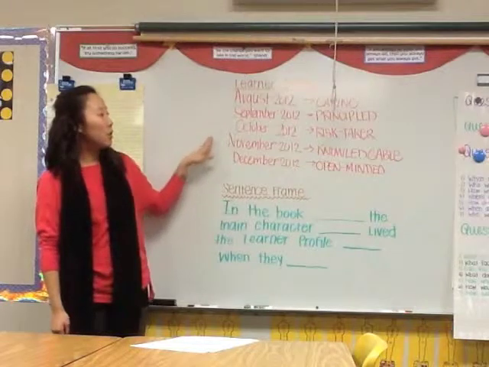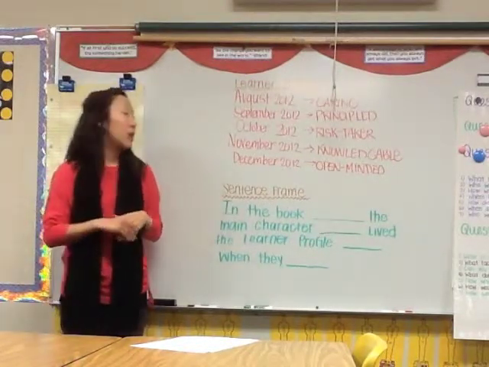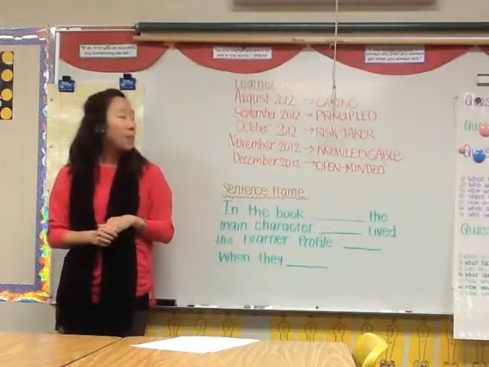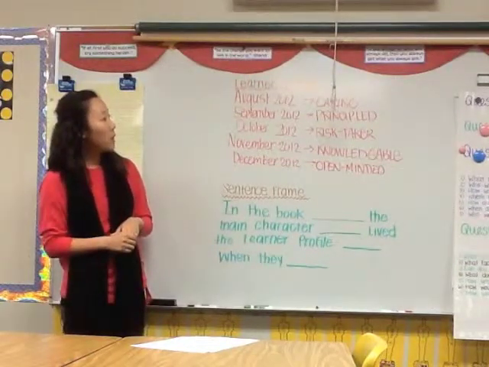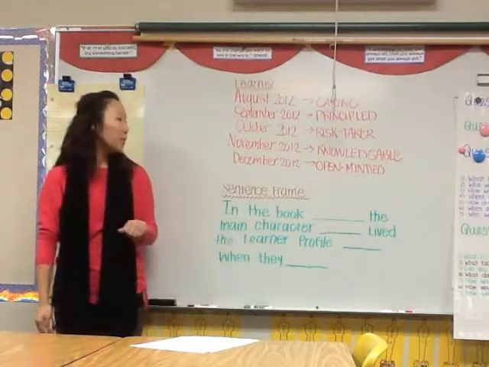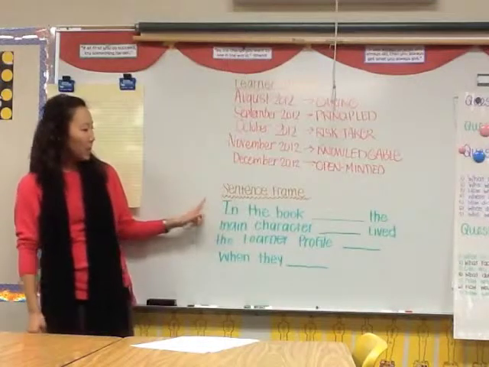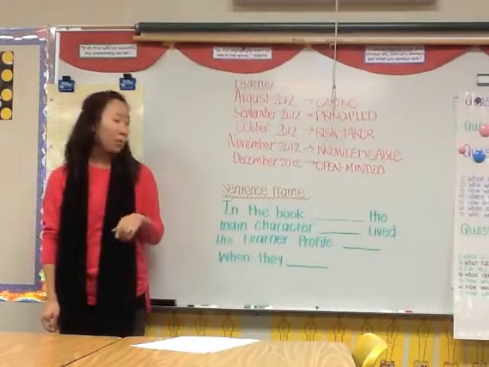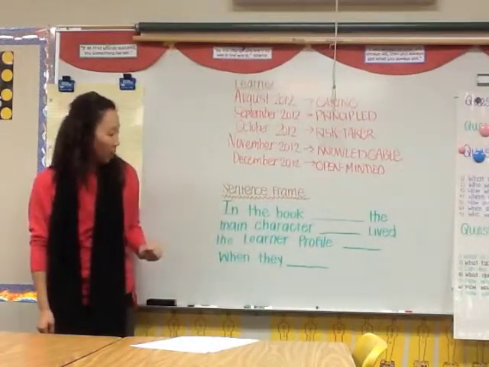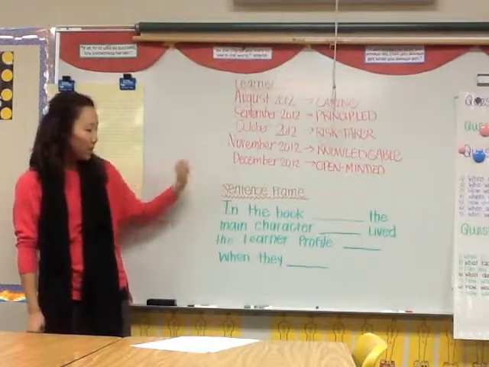Okay, so I will give you an example. If I were to choose a story that we have already read, like Paul Revere, I might say that Paul Revere was a knowledgeable person. I'm going to model that in a sentence for you. For example, in the book, And Then What Happened, Paul Revere, the main character, lived the learner profile of being very knowledgeable.